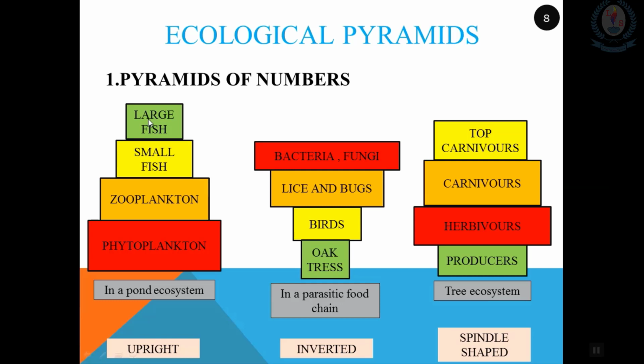It's quite obvious that the number of phytoplanktons is higher than the number of zooplanktons, and the number of zooplanktons is higher than the number of small fish. The number of large fish is lesser than the number of small fish. So, this number pyramid is said to be an upright pyramid. And there are exceptional cases like the inverted number pyramid and the spindle-shaped one as well.